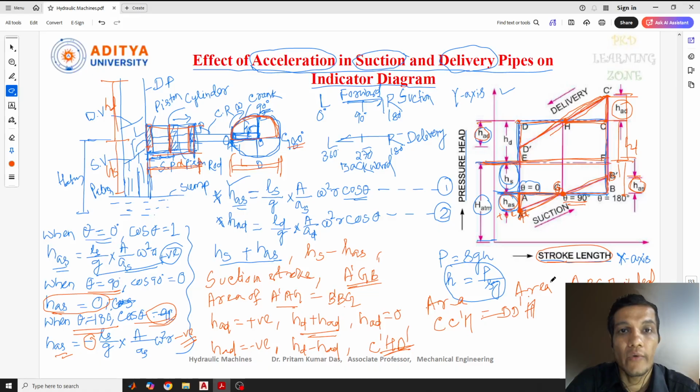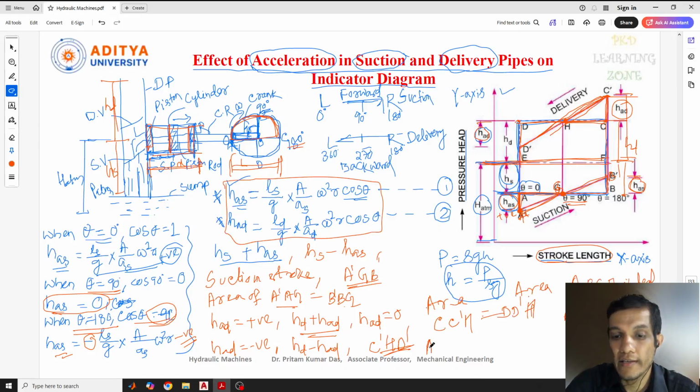But when we have considered the acceleration effect in the suction and delivery pipe, because from this formula we can understand that the effect of acceleration is there at the suction and delivery pipe, due to that it has now changed to A dash, B dash, C dash, and D dash, converted to this one. So this is the concept. Similarly, the area of the indicator diagram, this will be equal to this. This is for ideal and this is for acceleration.